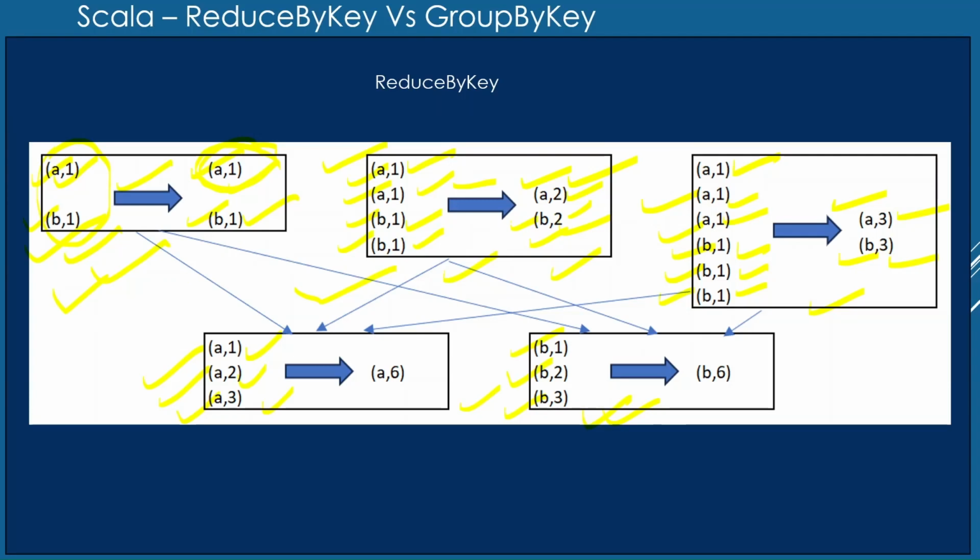So the shuffling of the data will be very fast, because whenever shuffling happens the data is stored in memory. Since the data is very small, the transfer from one partition to another becomes very fast. This is one of the major advantages, and that's why most of the time we prefer reduceByKey over groupByKey.